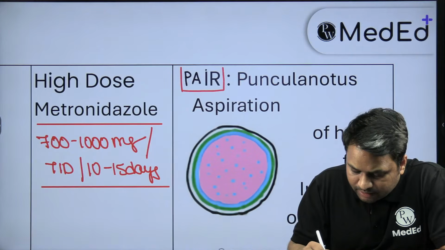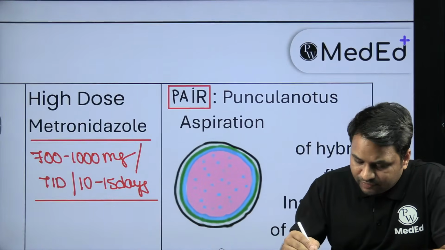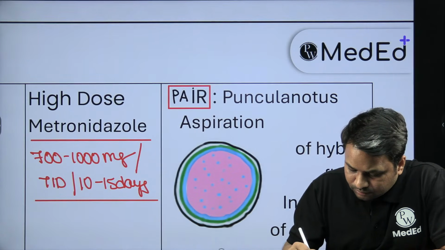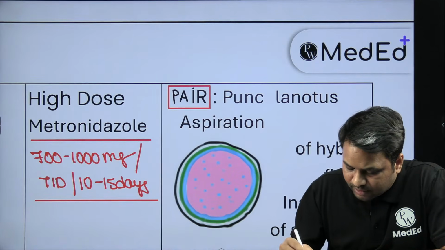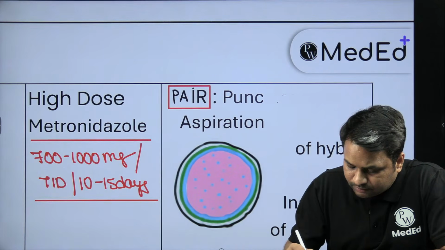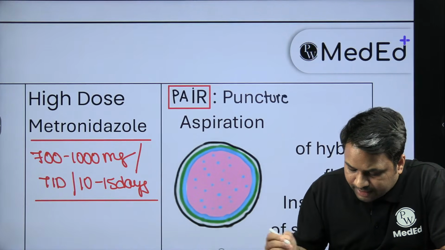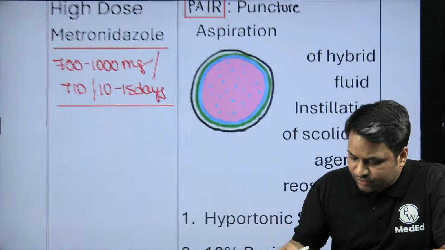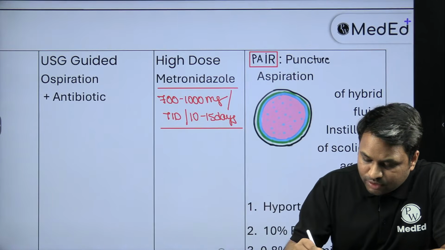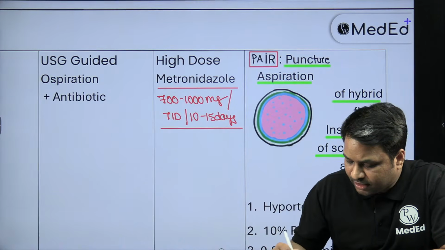In the PAIR therapy, it is puncture aspiration of the hydatid fluid, instillation of scolicidal agent, and re-aspiration.